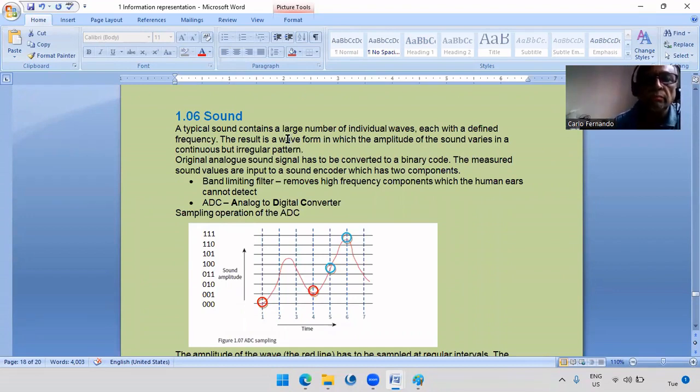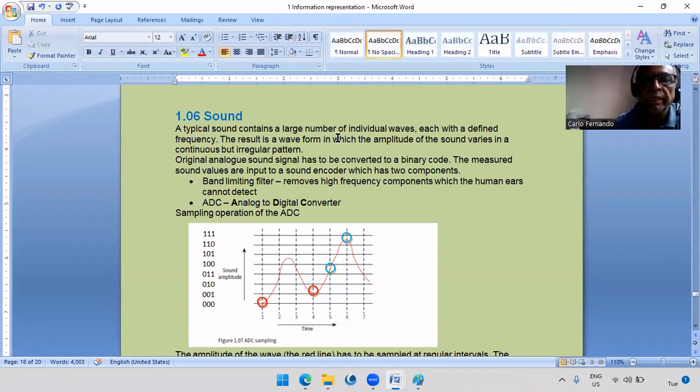I'm sure you know the meanings of these, frequency, then the amplitude of the sound varies, irregular pattern. All these things I'm sure you have learned in science or physics. So the original analog sound signal has to be converted to a binary code. What does that mean?